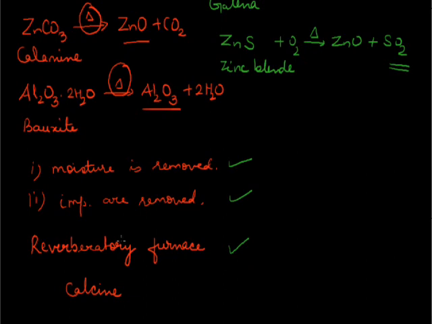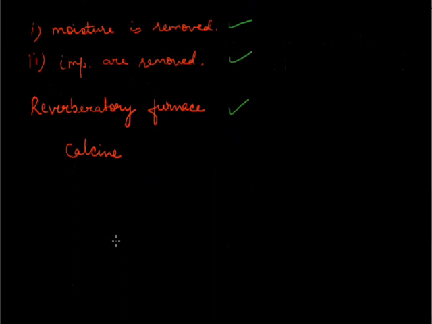So this was the first sub-step in the extraction of metal. The second sub-step is, once the ore has been converted into oxide, it is reduced. So, reduction of metal oxide. Now a question may arise in your mind, what is the need for the first sub-step?